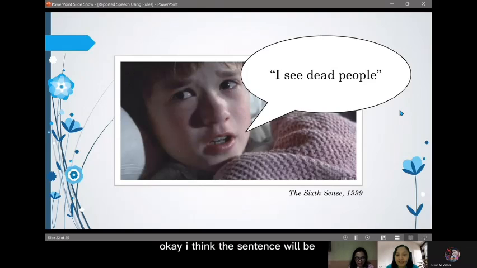Okay, I think the sentence will be, he said that he saw dead people. Again. He said that he saw dead people. Yes. So you use the pronoun he since he is a boy, right? Okay, so you also use the reporting verb said. And then did you use the optional that?